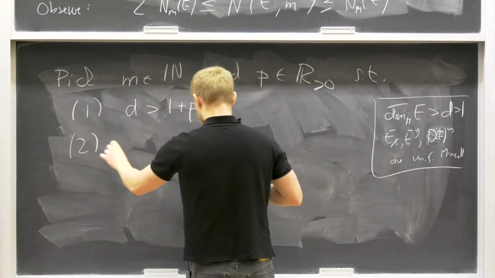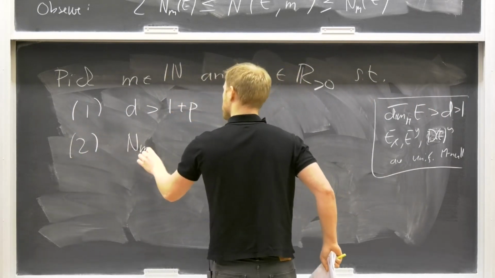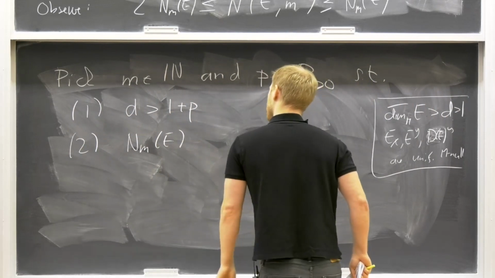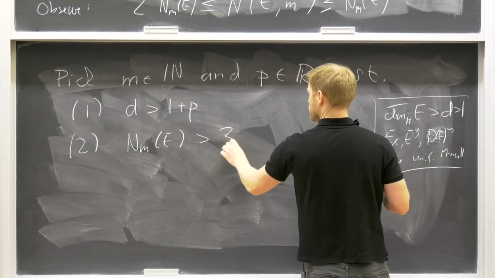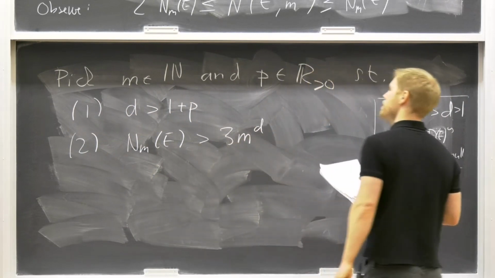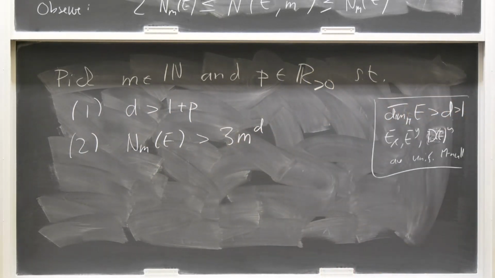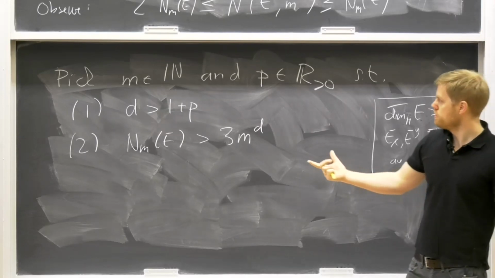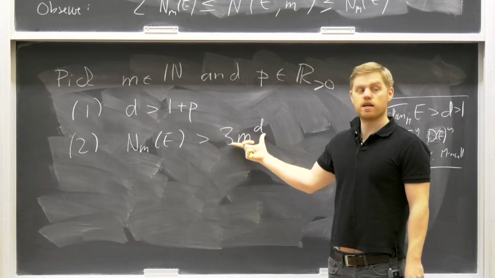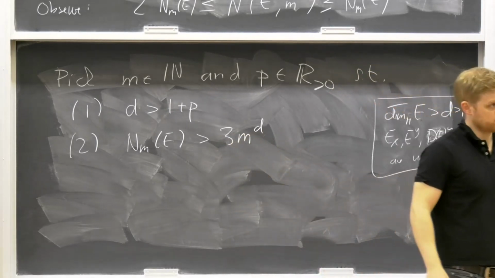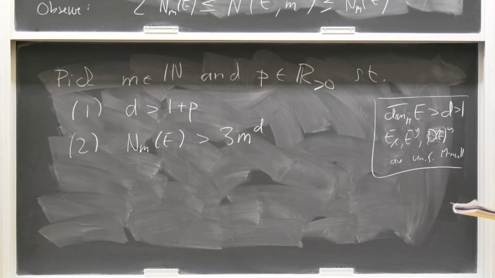So then this is the assumption that the dimension of E is large. So you know that the dimension of E is larger than D. Okay, so if you look at these boxes, that will give you that eventually you will find an M such that you cover more than M to the D boxes plus some scalar.